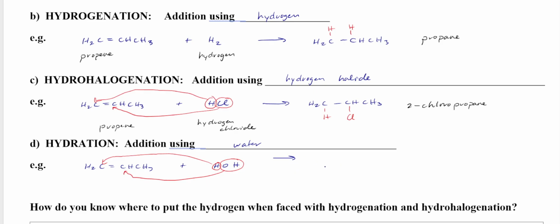And so this becomes H2CCH3, and the H is down here, and the OH is over here. So propene, water, and this right here is actually an alcohol because of the OH, and so we call this 2-propanol. And you'll learn how to name alcohols later.